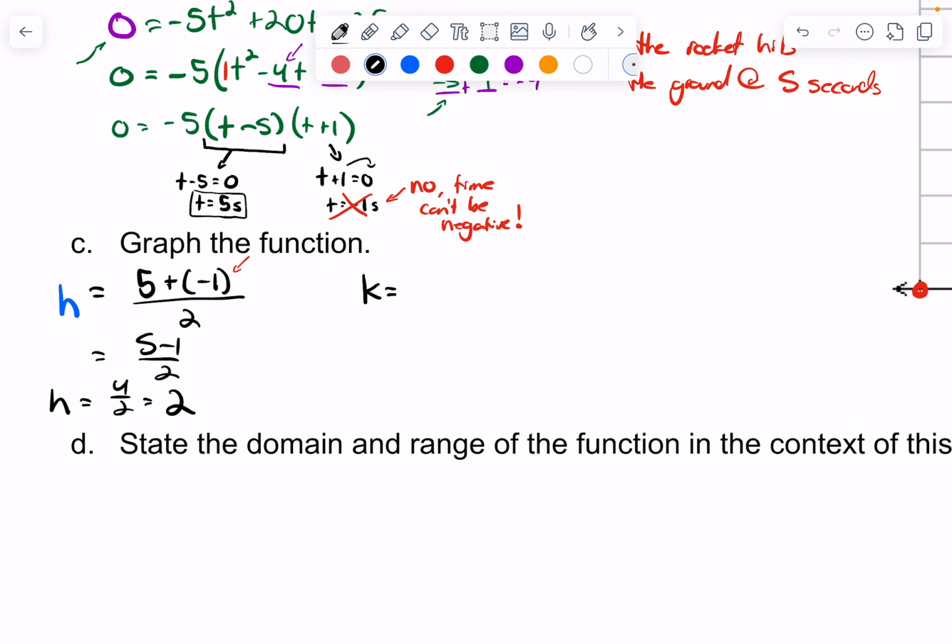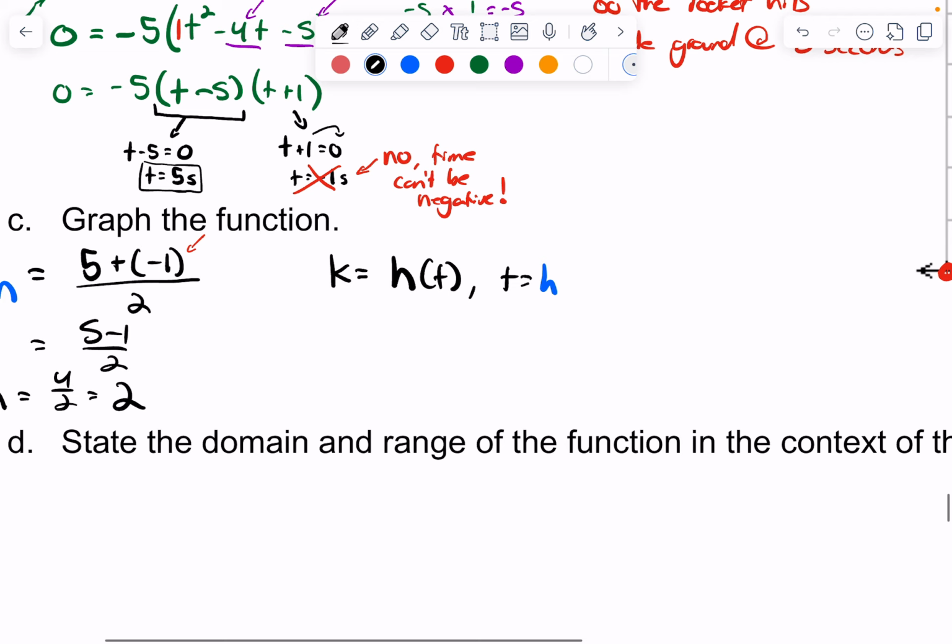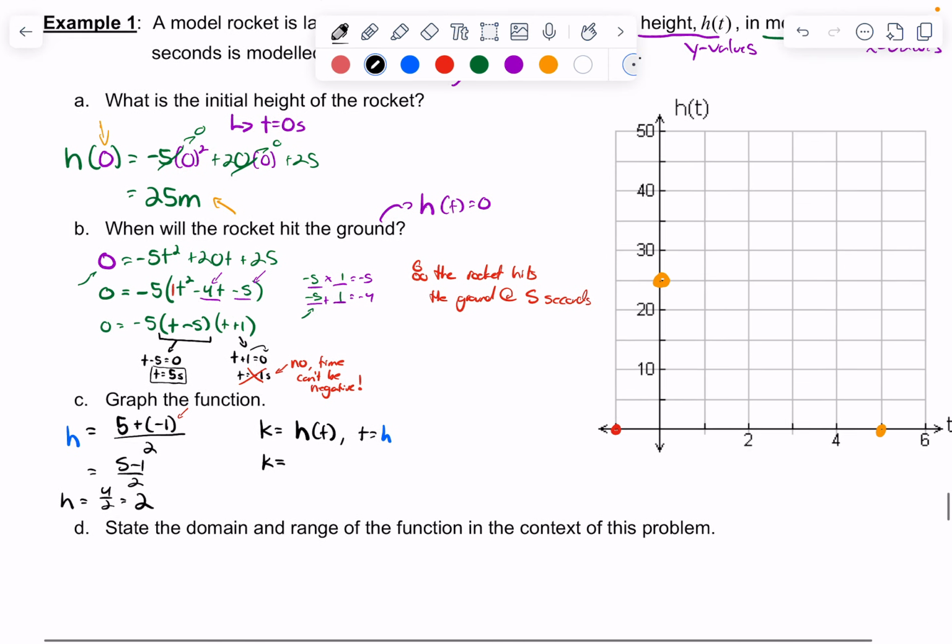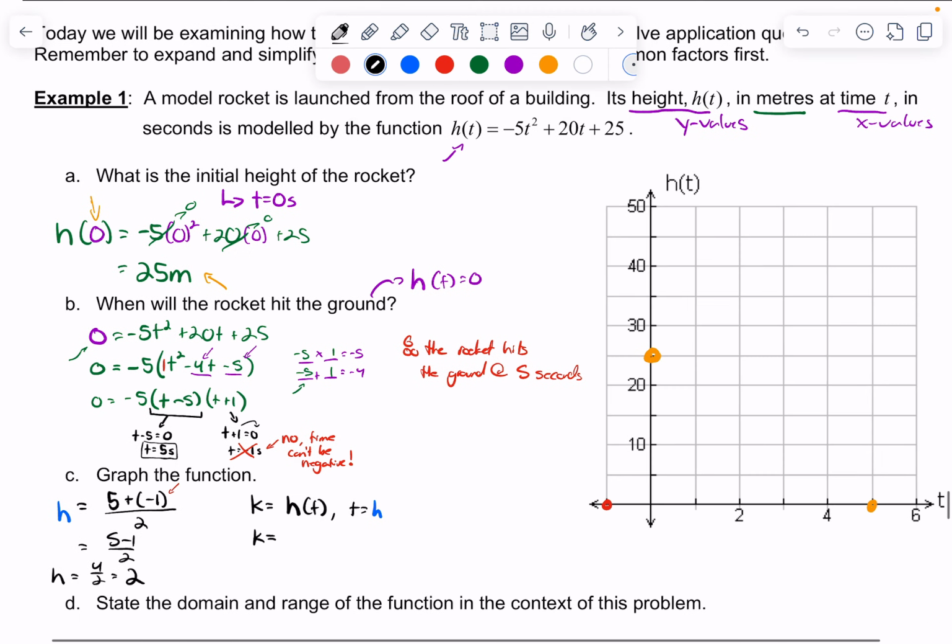But it's really h of t when t equals h, the x-coordinate of your vertex. So we are calculating our height when we plug in. Our k value is when we plug in our h value for all these t's up here.